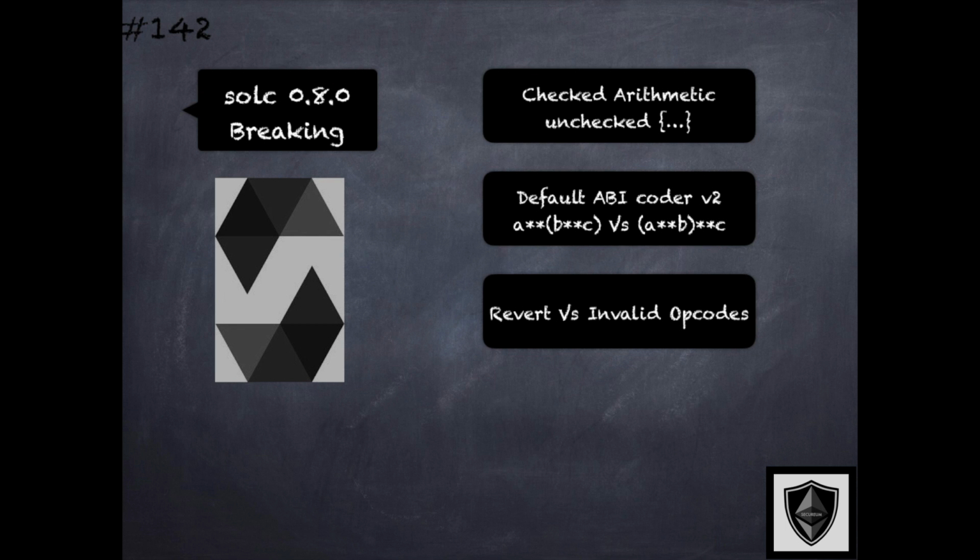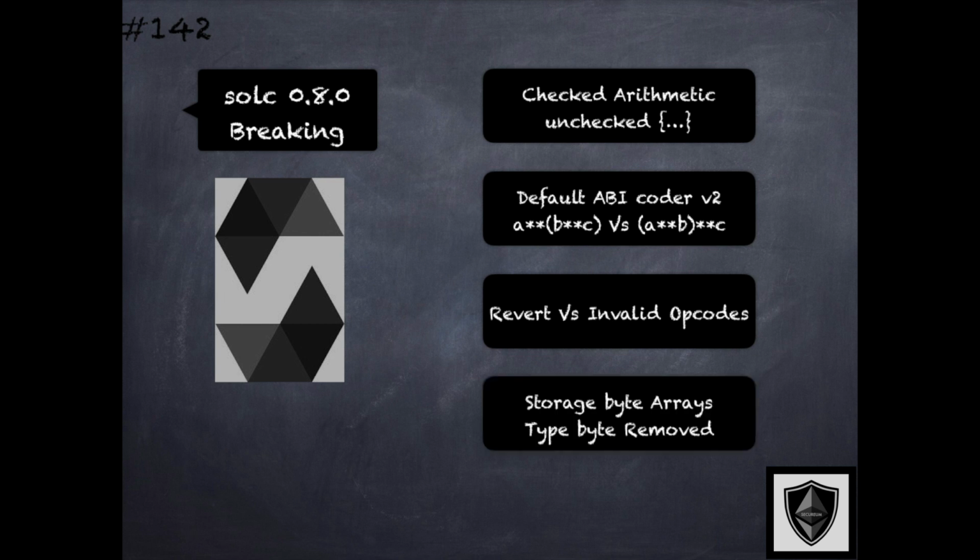The use of the revert opcode for failing requires versus the use of the invalid opcode for failing asserts and internal checks was removed as of this version. Both these now use the revert opcode, and static analysis tools are allowed to distinguish these two differing situations by noticing the use of the panic error in the case of failing asserts and internal checks.